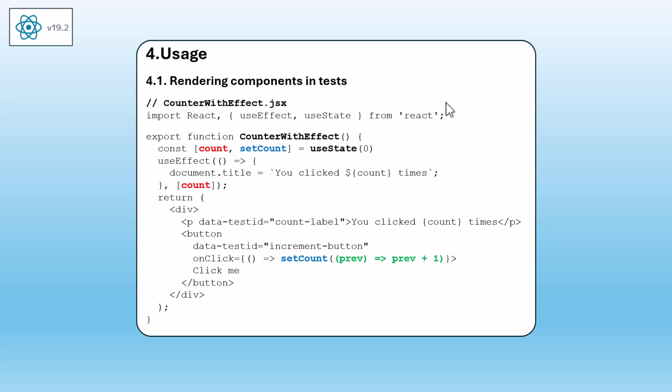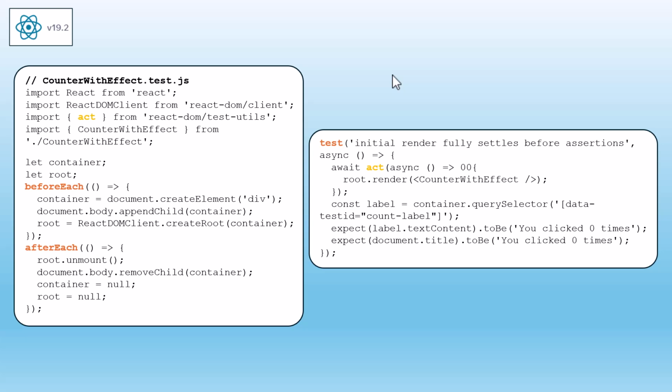This guarantees that the component mounts, its state initializes, and any effects run before we check the container. Without Act, effects might still be pending, which would cause unpredictable results. Using Act makes the test environment behave more like how the component behaves in a browser, where changes appear only after React has committed its updates.